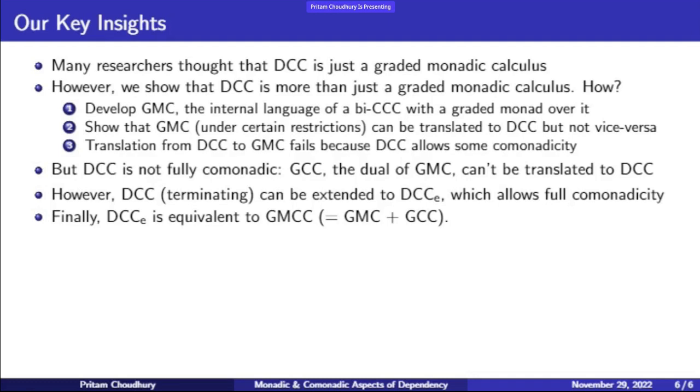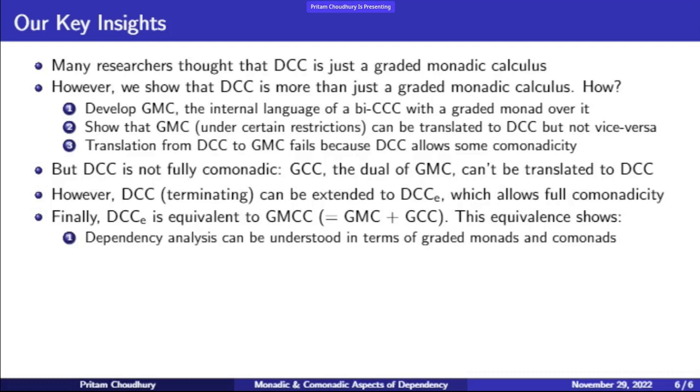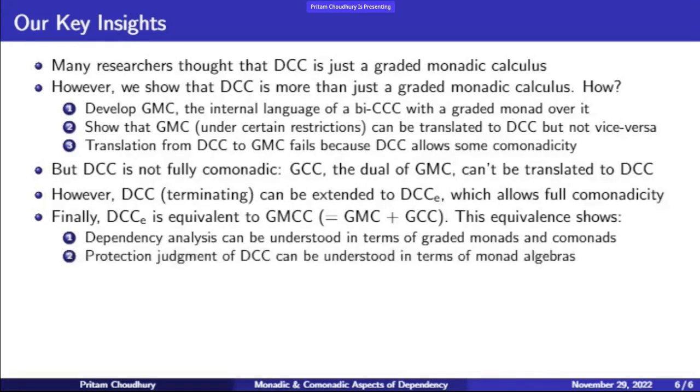And why do we go through all these calculi? What's the end goal and what do we get out of it? This equivalence shows several things. First, it shows that dependency analysis can be understood in terms of graded monads and comonads. Second, it shows that the protection judgment of DCC can be understood in terms of monad algebras.